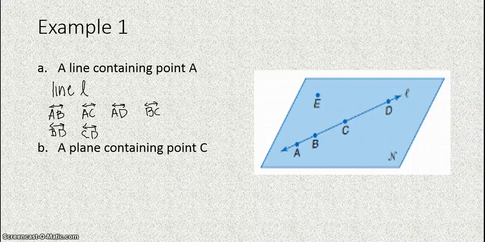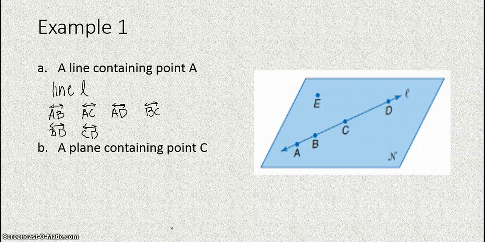You could have called it line L, line AB, line AC, line AD, line BC, line BD, line CD, or the reverse of all of those. So line BA. Make sure if you're using 2 points to name the line that you do have the line over top of it with arrows on each end. And again, the reverse of any of those ones using 2 points would be fine.